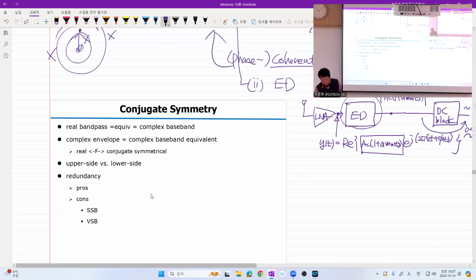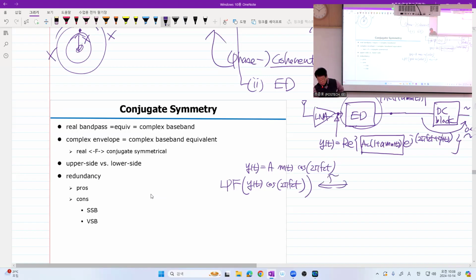To make everything simple, let's just assume that we have the received signal that is some A times m of t cosine 2 pi fc t without phase, without unmodulated carrier. Then what happens? What you do is that you multiply the same carrier, called the demodulation carrier, and you apply the low pass filter.